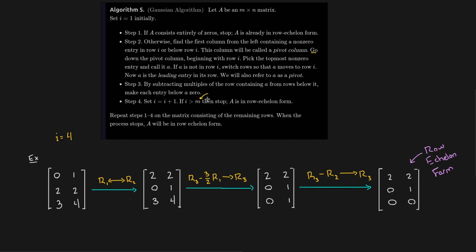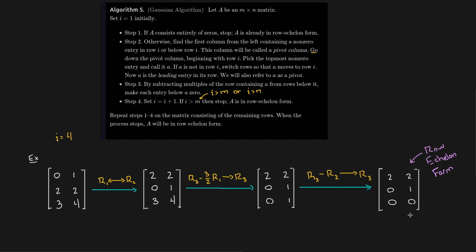I would say I is greater than m, or if I is greater than n. If it's bigger than either one, I think the algorithm makes a little more sense with that. But other than that, the way it's written here is completely correct. And we get a matrix in row echelon form.